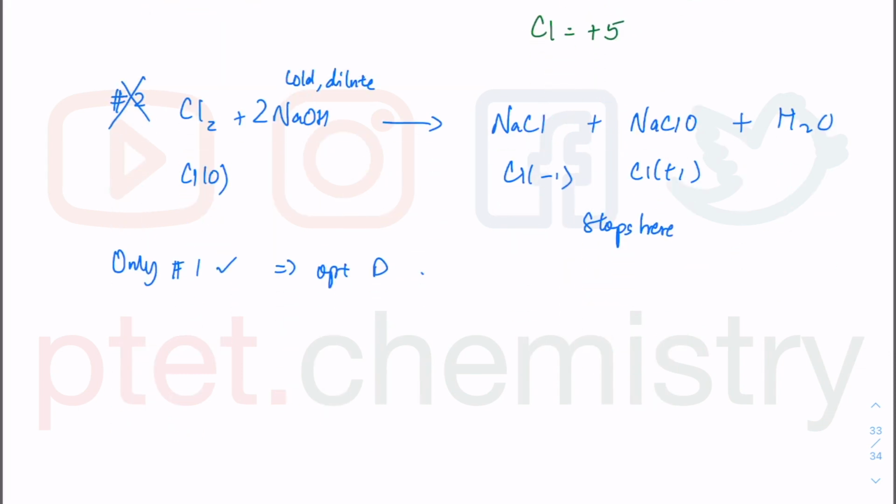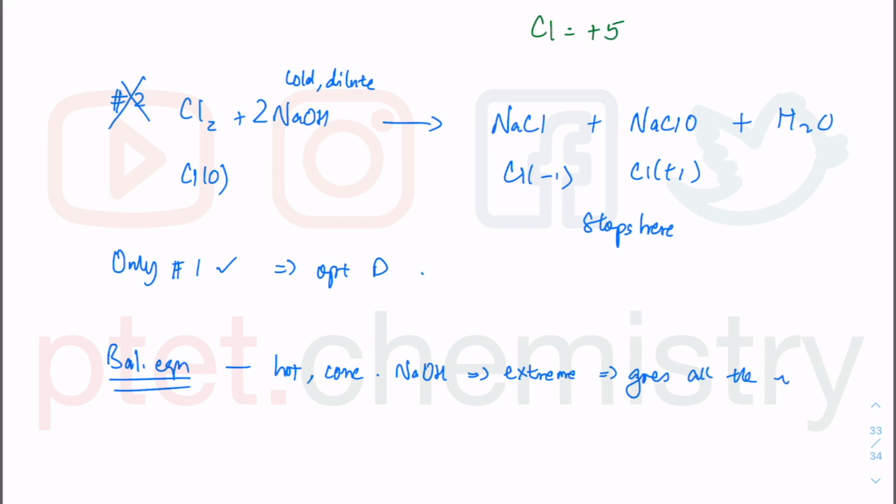But looking at it, you should be able to balance the equation for option 1. These are hot concentrated NaOH. Let me just spell that properly. Hot concentrated NaOH. This is the extreme condition, so it goes all the way to chlorine +5.